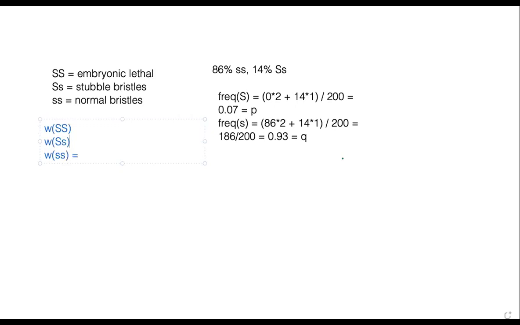Let's again come up with some number called X that represents the probability of a fly successfully reproducing. Well, the probability of a fly with big S reproducing is, again, absolutely 0, right? These flies are going nowhere.